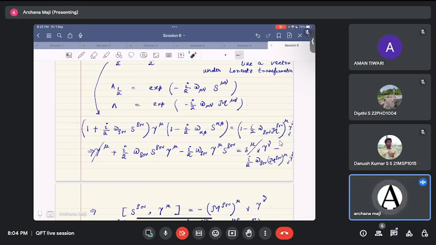As far as I understand, this S mu nu also satisfies the Lorentz algebra. So this S mu nu is also a representation corresponding to Lorentz transformation, but I'm not sure if that can be understood in terms of rotation and boost. Probably yes, but I have to check. I'm not sure right now.